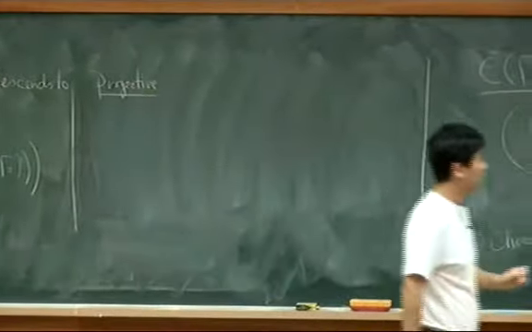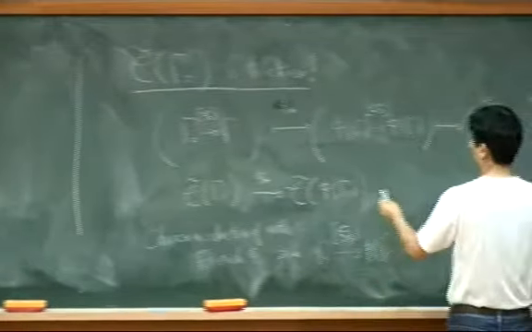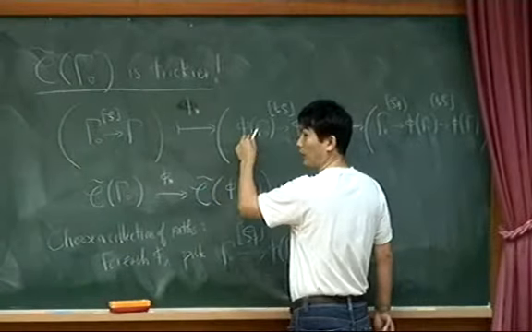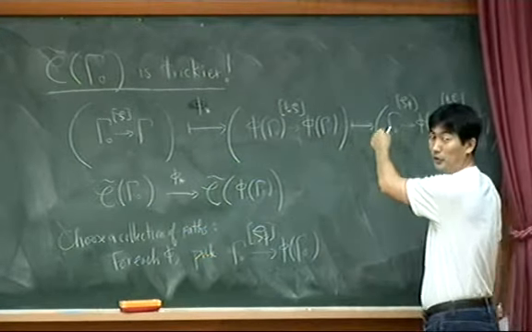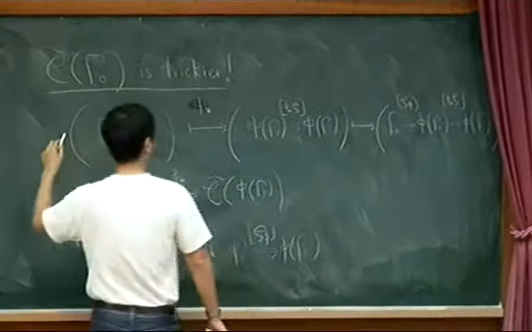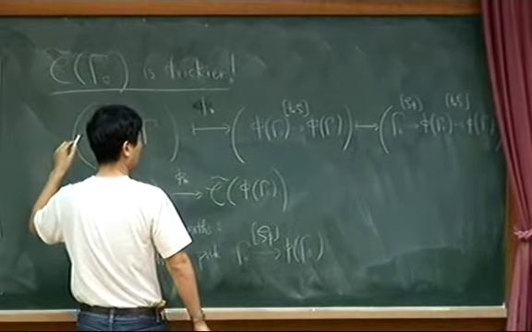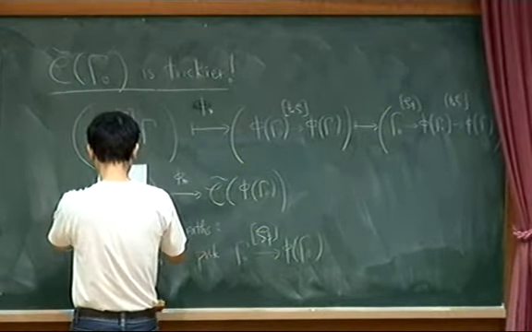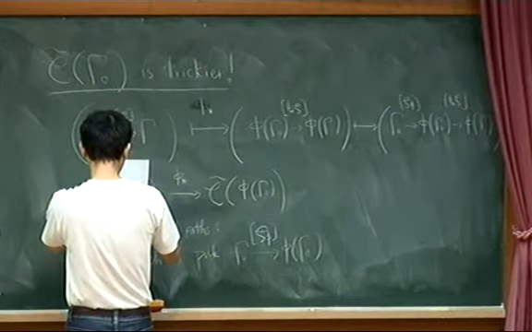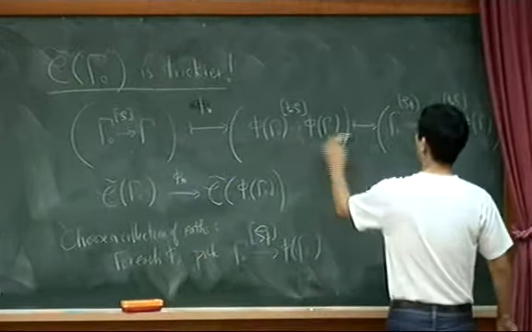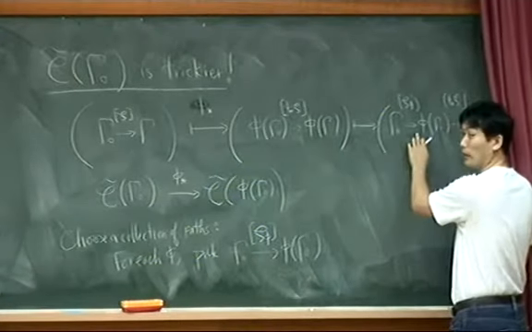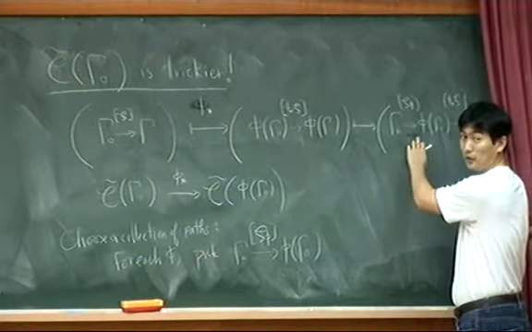So let's look over here. You had the map phi lower star, and then you had this strange thing which was dependent on the choice, right? The point is that you had some choices here. Suppose you made different choices, what happens?